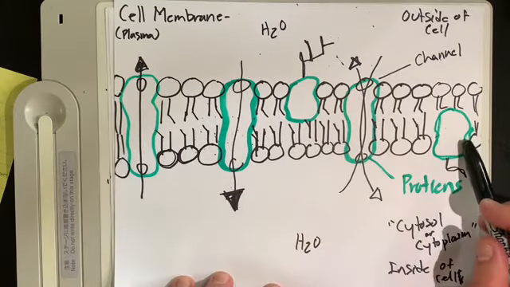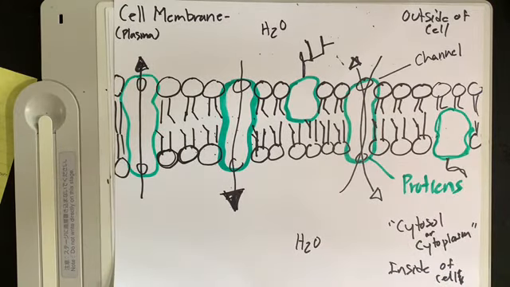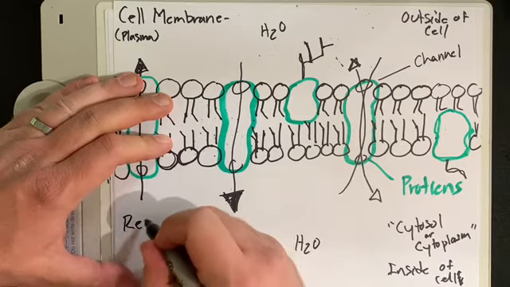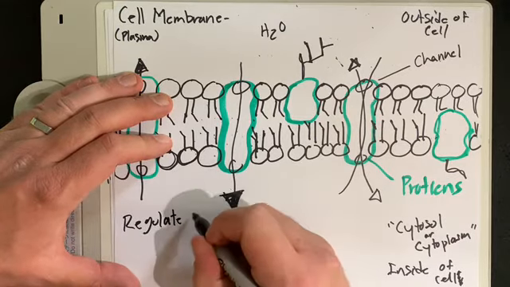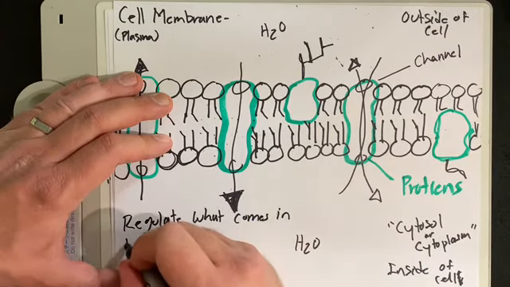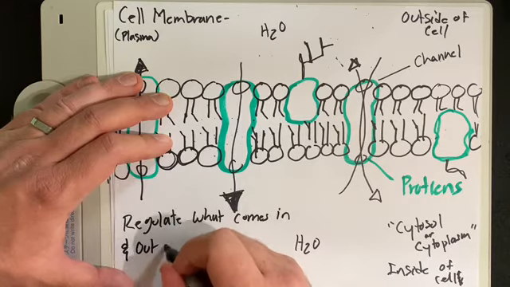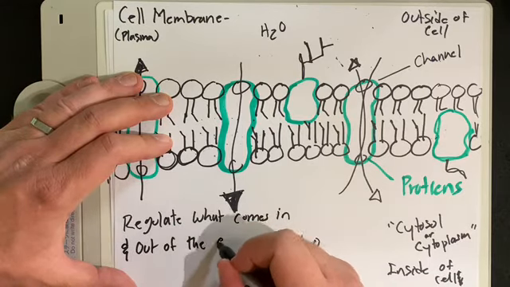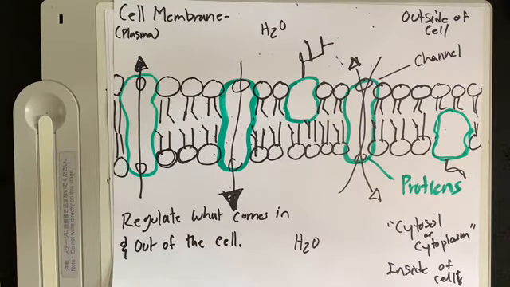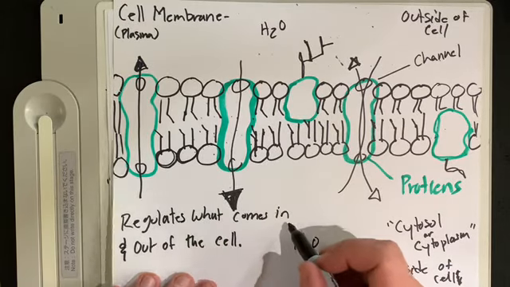And then we have, like I said, our cell membrane here. And the main job of the cell membrane is to regulate what comes in and out of the cell.